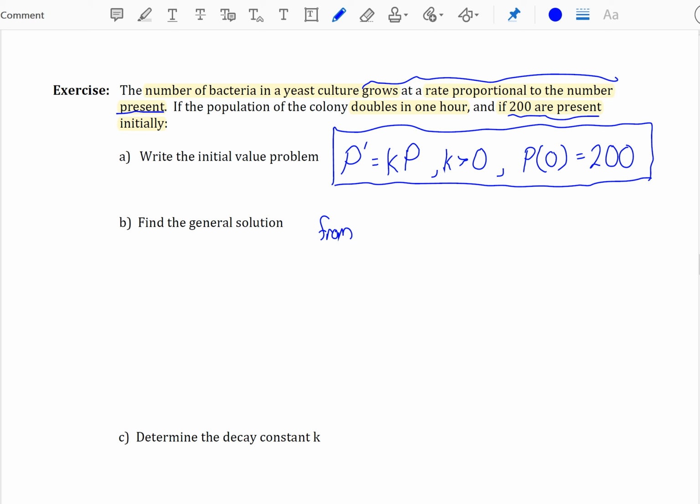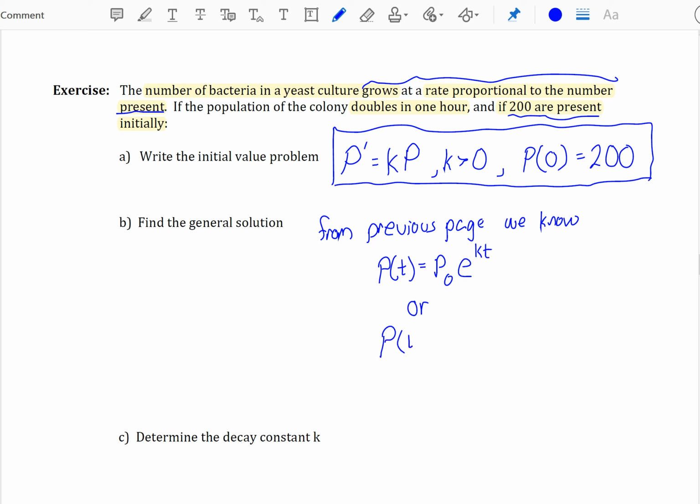Now we could solve this differential equation again, but from our previous page, we know that the general solution will be P of t equals P naught e to the kt. Or if we insert our initial condition, we know P naught is really 200.